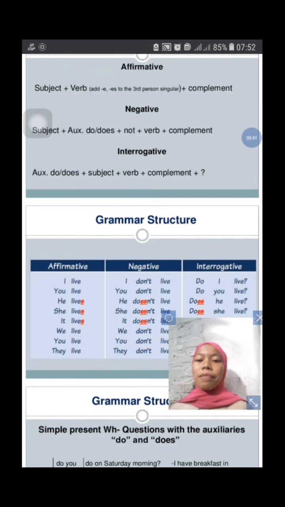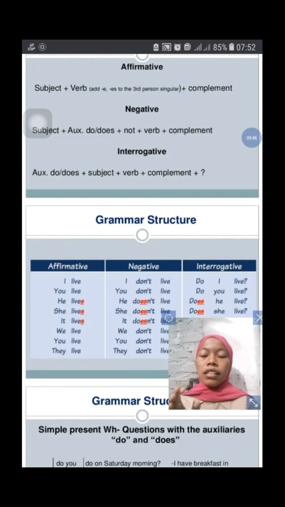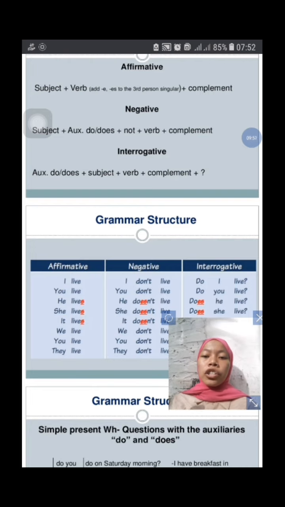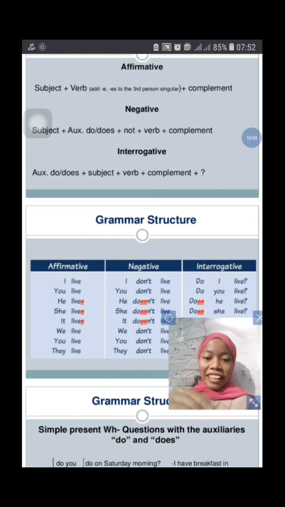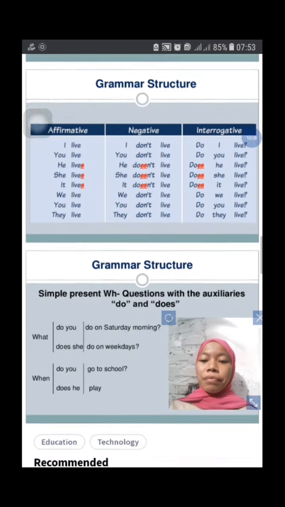And interrogative is do or does plus subject plus verb plus complement. Example: do you like me? But if we use does, in the third person singular it becomes does she like you? It is like that.